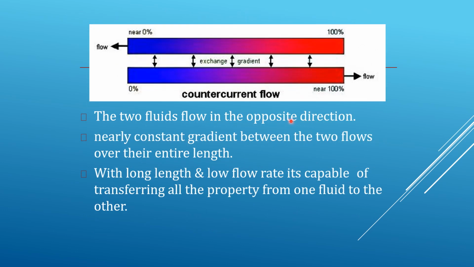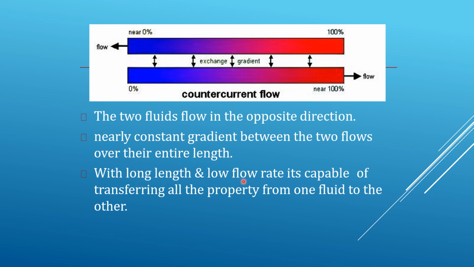And in countercurrent flow, two fluids flow in opposite direction. A nearly constant gradient is present between the two flows over their entire length. So the gradient is variable in the concurrent flow, and here the gradient will be constant.